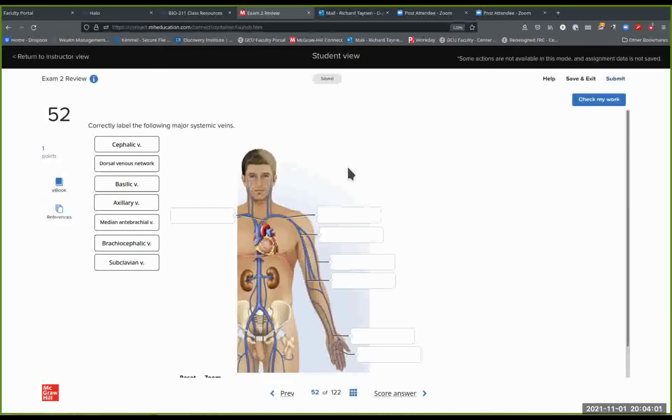questions, most of which I don't think you should have any trouble with. About a third of them are functional questions, asking about the function of particular cells or types of tissue or systems.